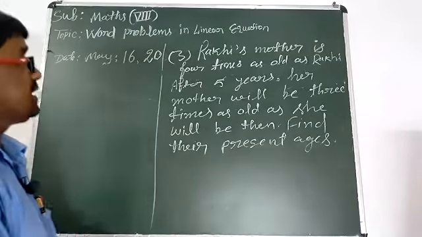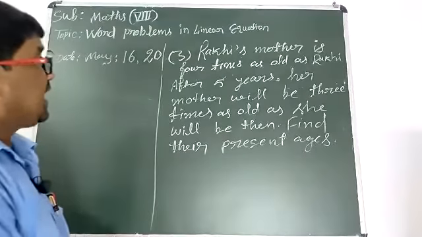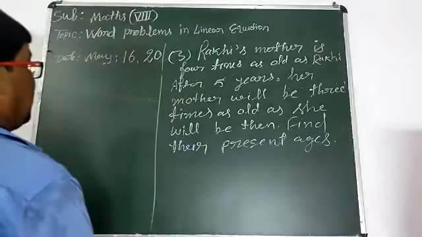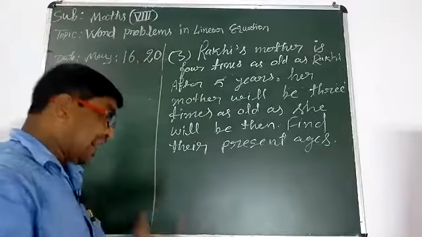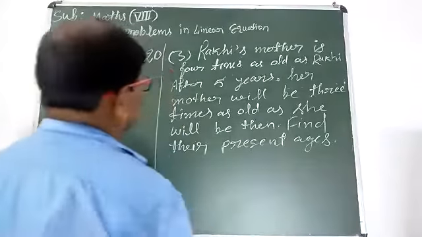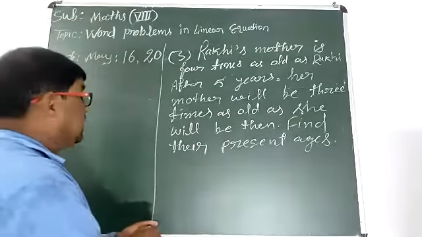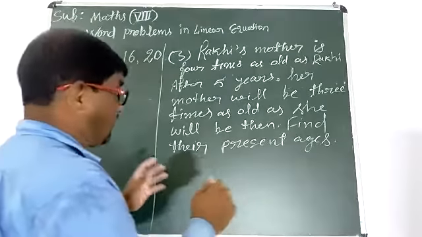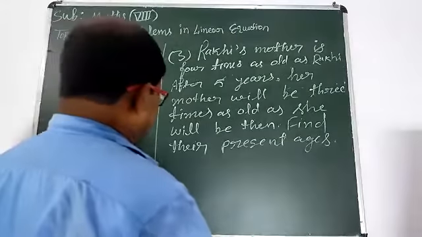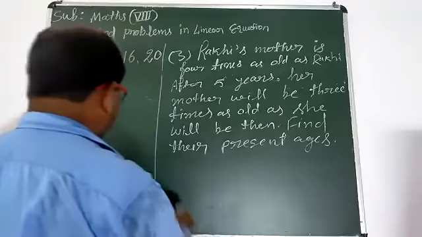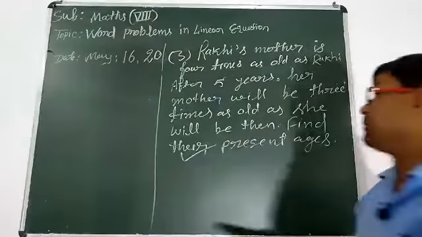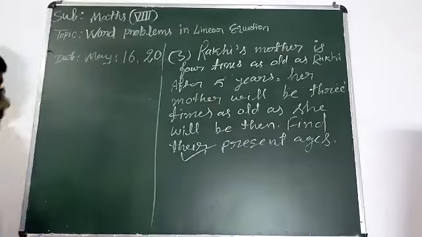After 5 years, you should mind after 5 years from here, her mother will be 3 times as old as she will be then. Then the question is asking, find their ages. It means Rakhi and her mother.